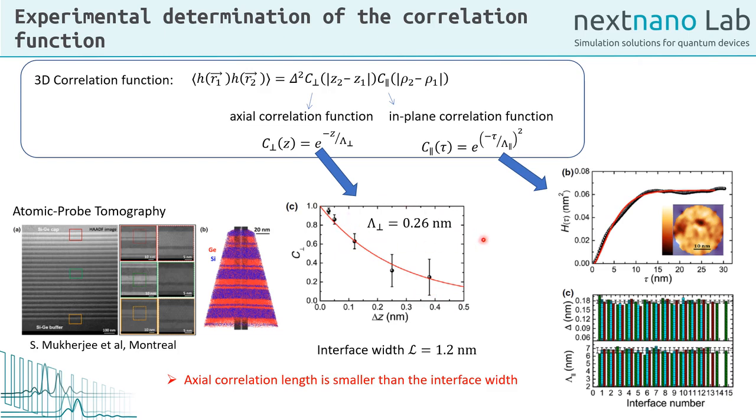We have extracted this correlation length, about 3 angstrom. Whereas the in-plane correlation function behaves in a similar way as for abrupt interfaces, where we have a Gaussian correlation function with a length scale of a few nanometers. And here the important information is that the axial correlation length can actually be smaller than the interface width, and this further motivates the use of a general model for interface roughness in the presence of such graded interfaces.